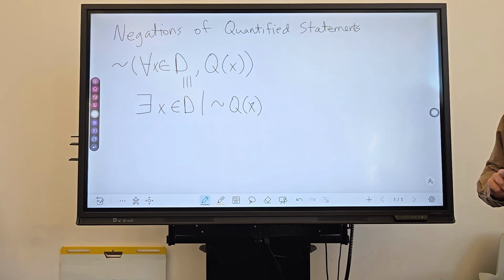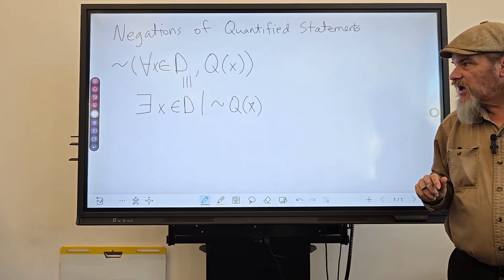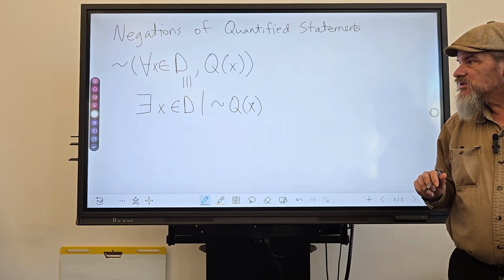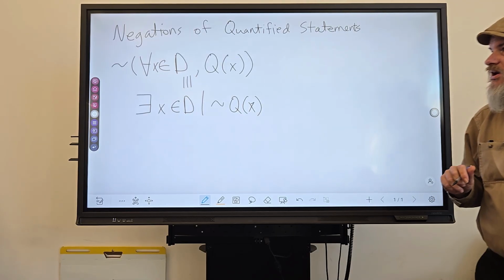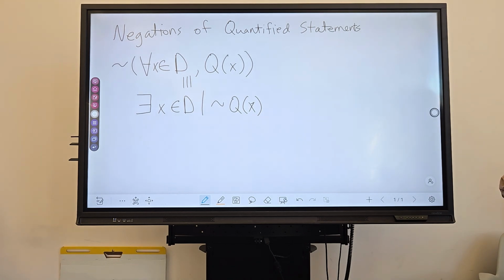So the existential statement is the negation of the universal quantified statement. This is the case without respect to the predicates and the domains of the predicate variables.